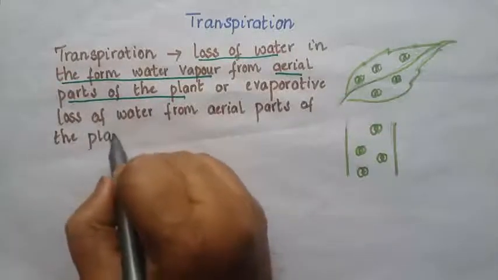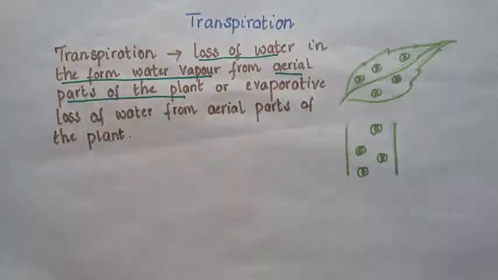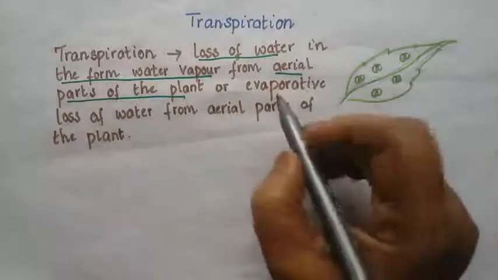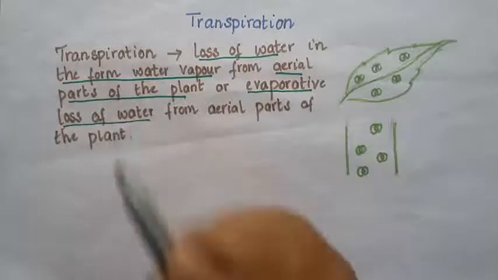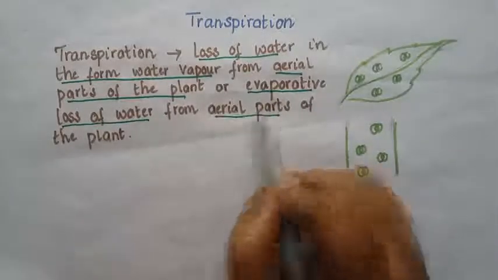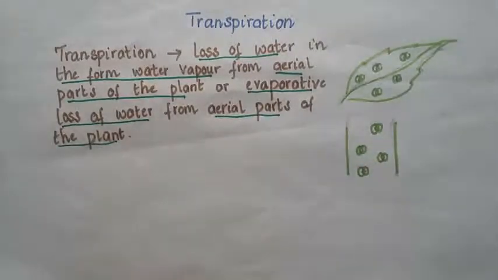So you can answer in any one of the ways. So how do we define transpiration in the other way? It is defined as an evaporative loss of water from aerial parts of the plant.